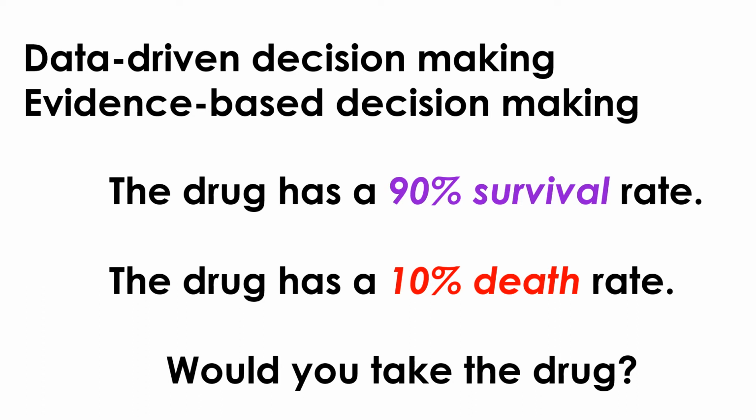In their experiment, participants were more likely to approve administering a drug if they were told that the drug has a 90% survival rate than a 10% death rate. Rationally speaking, the 90% survival rate and the 10% death rate provide the same evidence. But people respond differently to how the data are presented.